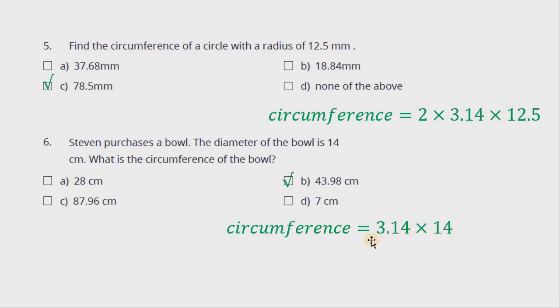Also the same, I choose to use pi as 3.14, because the question does not mention the value of pi I should use, so I can choose any value I think is suitable. Using a calculator, I get the circumference as 43.98. Okay, this is questions number 5 and 6.